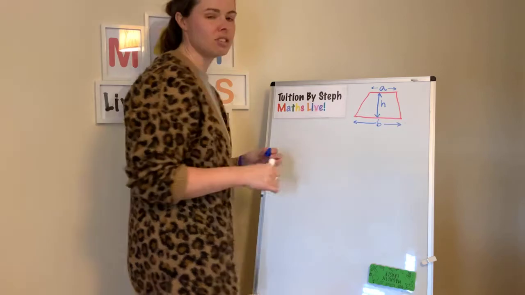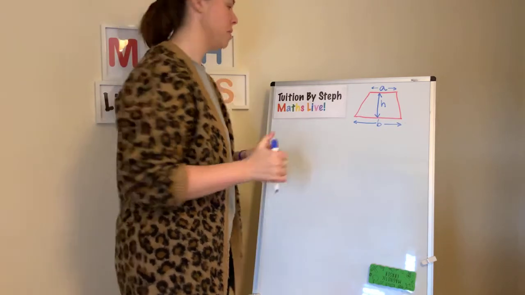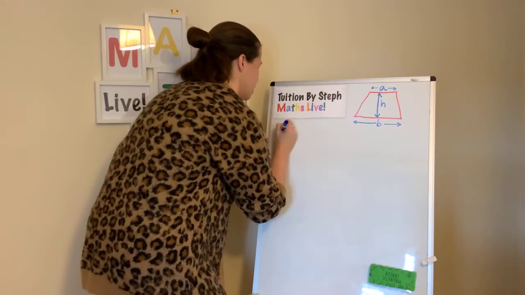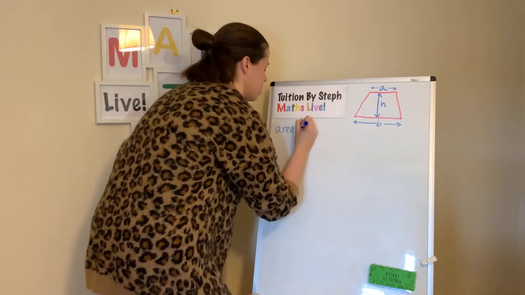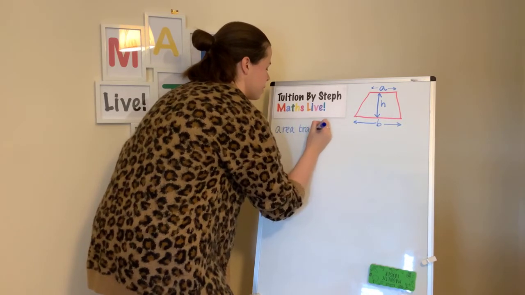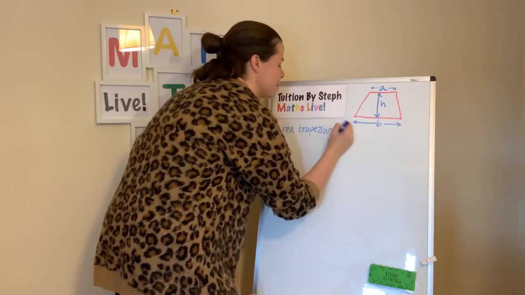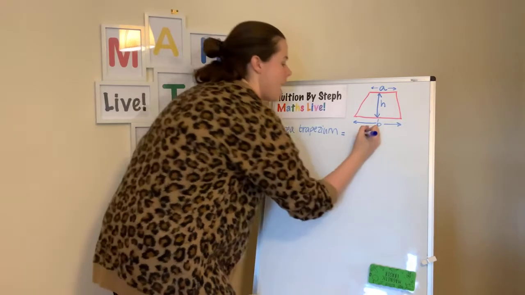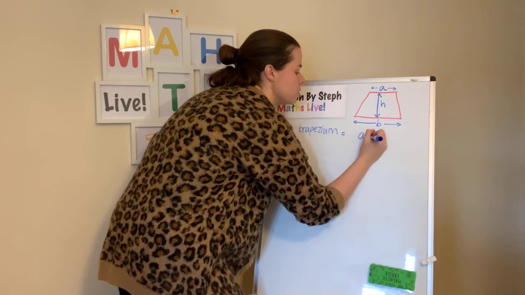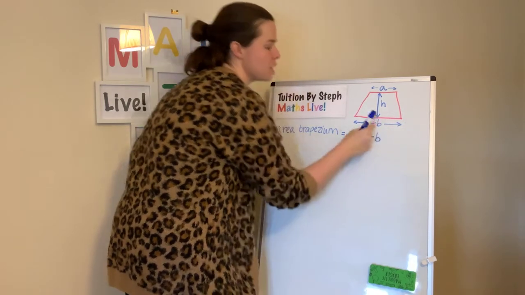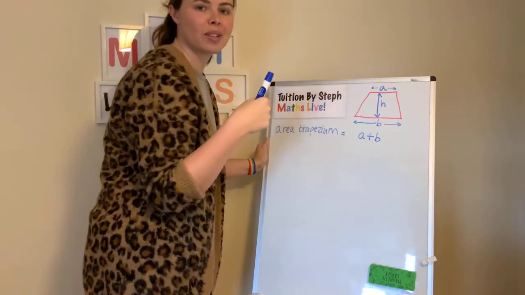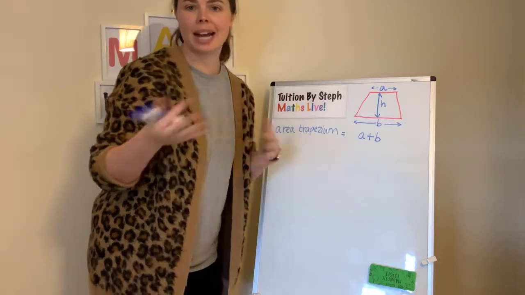Right. So to find the area of a trapezium. Oh, spelling's a good thing as well. Having been able to spell trapezium, it is A plus B. Now can you see it doesn't matter which way round it is because you're adding them, and with adding we can add it either way round.